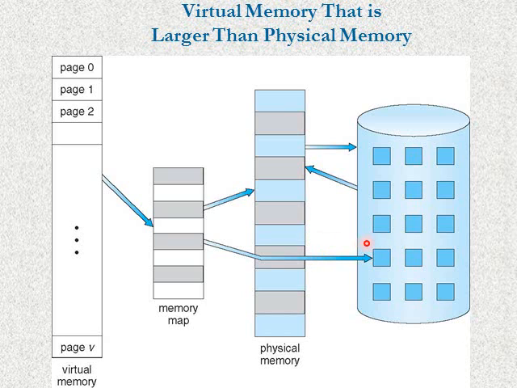So once a particular page is required by the process, it is taken out from the swap space and moved to this physical memory, the main memory. And once it is no longer required, or the space is to be used by some other process or some other page, then we can swap it back to this swap space.